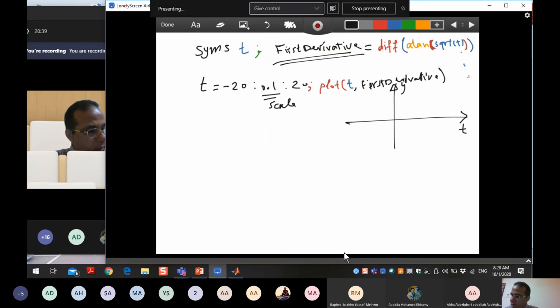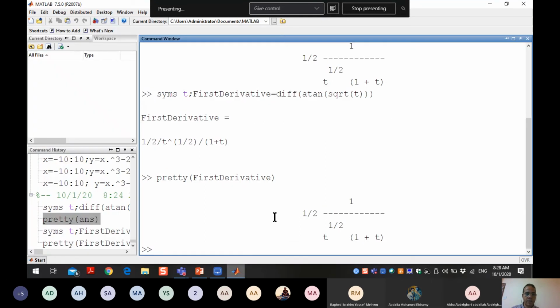Shall we try? Now I put t equal to minus 20, colon, 0.1, this is my scale, colon, 20.